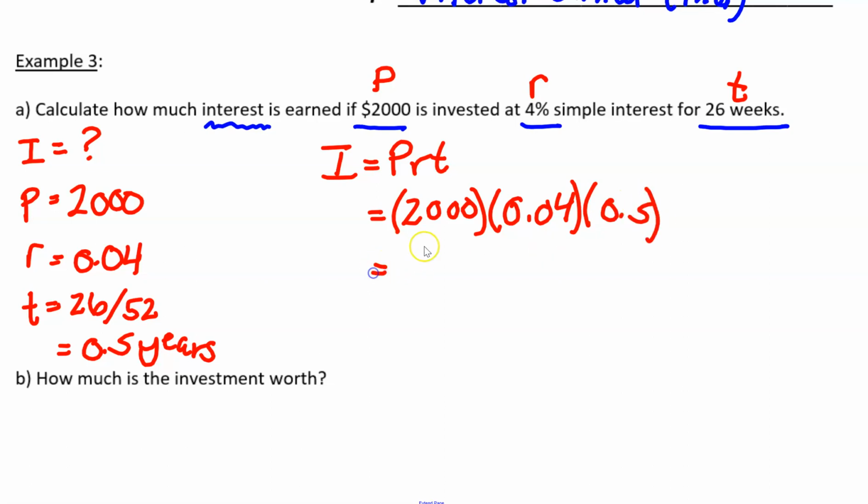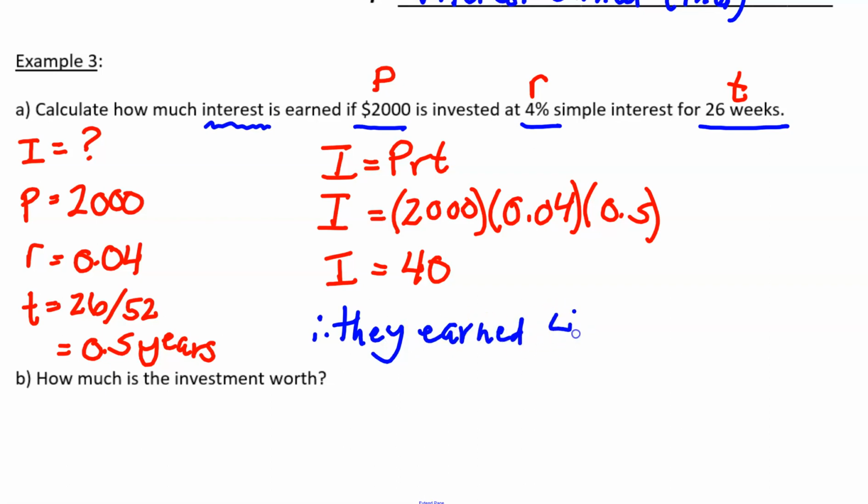Throw that into a calculator and we get 40. So therefore, they earned $40 in interest.